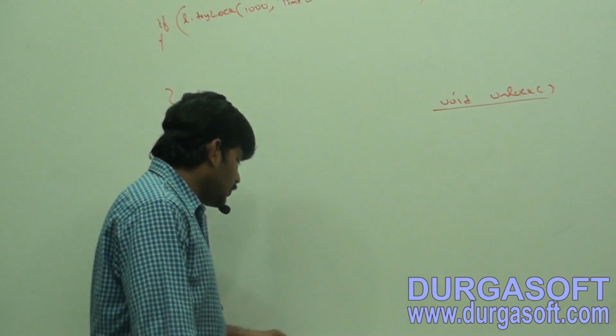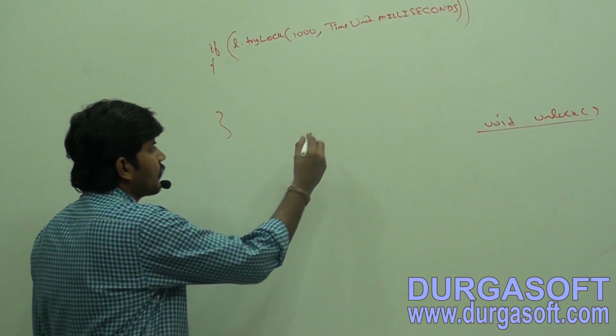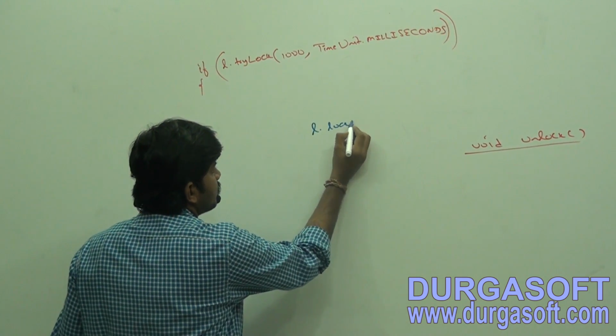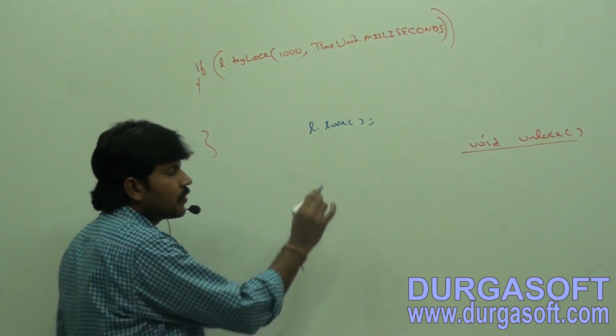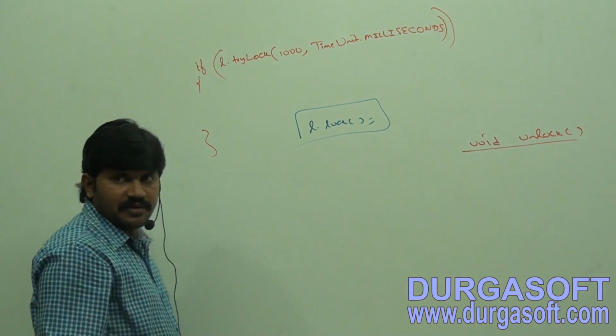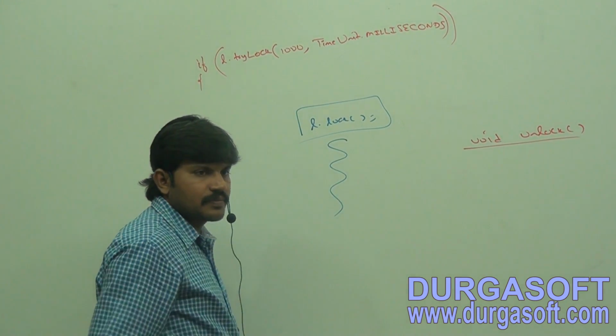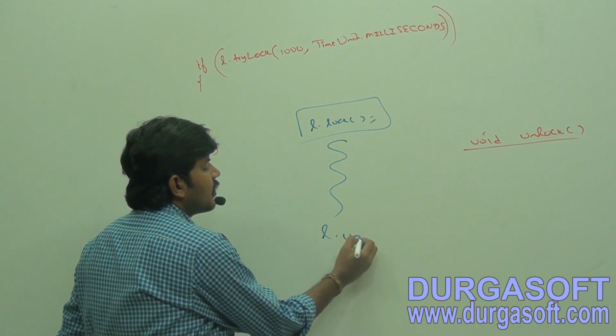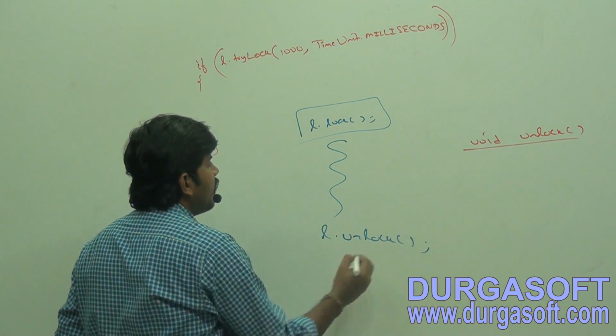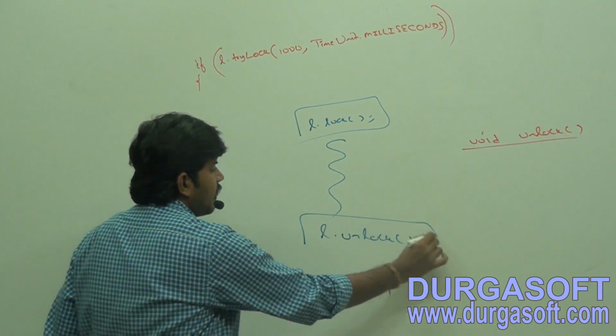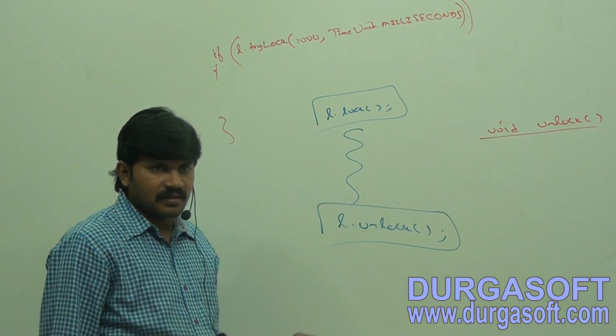Now here one small twist is there. Suppose l.lock. Now assume that this line is executed by the main thread. Now the main thread got the lock, performs safe operations, and then l.unlock. Is it meaningful or not? Yes, I am getting the lock and then I am unlocking.